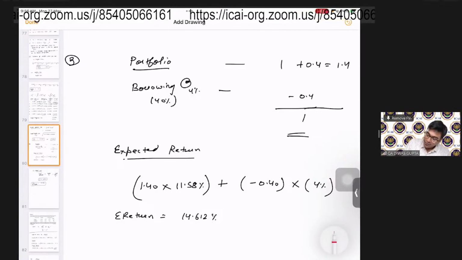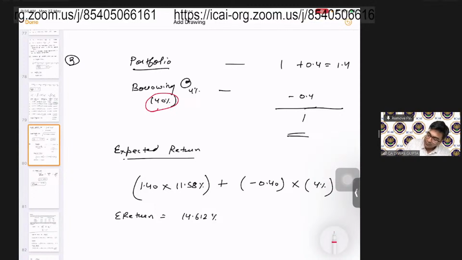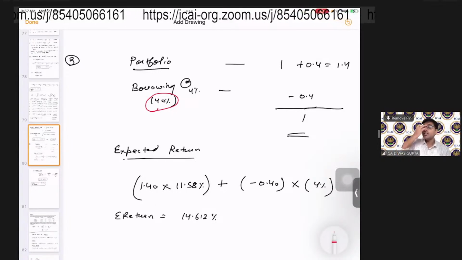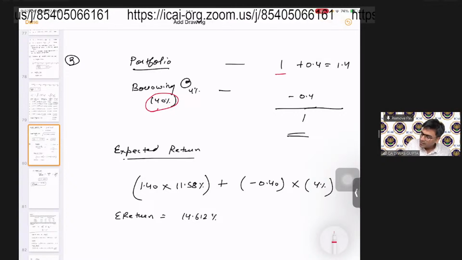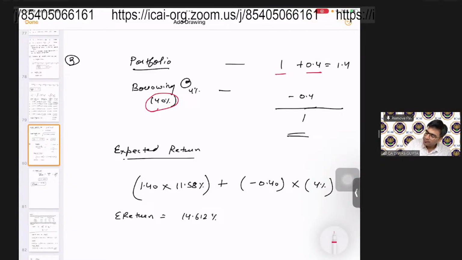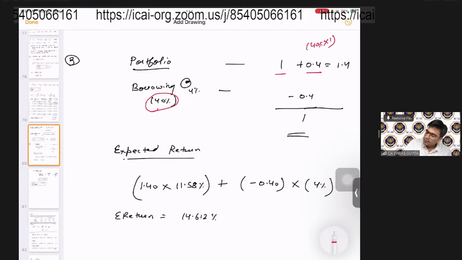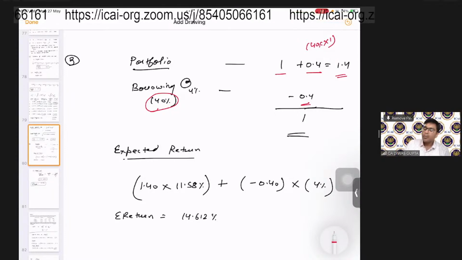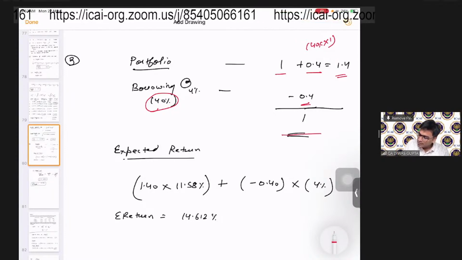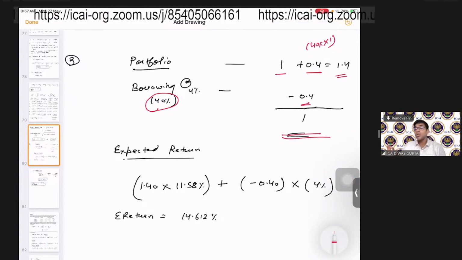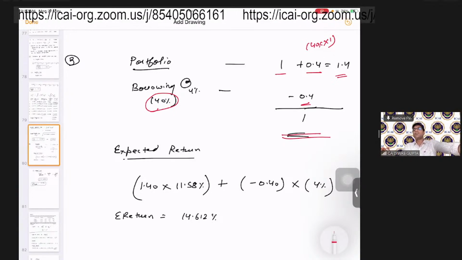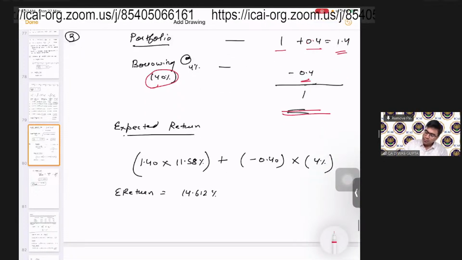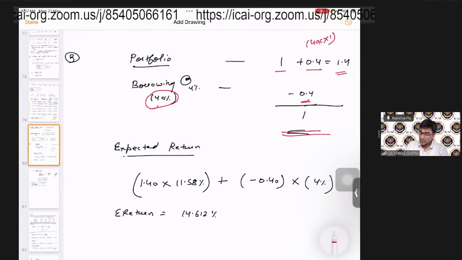It means that 40% will come from borrowing, and that also you invest in your portfolio. So 1 plus 40% of 1. So in totality, you invest 1.4, and we have taken 0.4 from the borrowing, and hence in totality it will still be 1 because 0.4 will be minus 0.4. Correct. So I've taken from borrowing and invested in the portfolio. So this is another catch in the question.